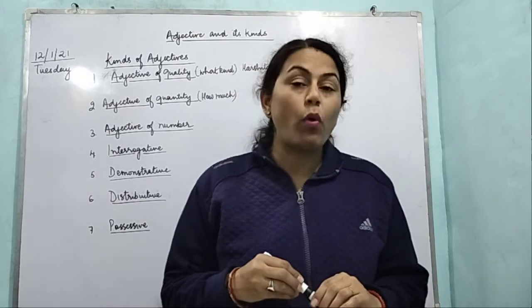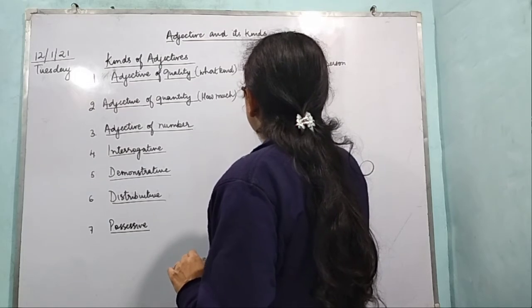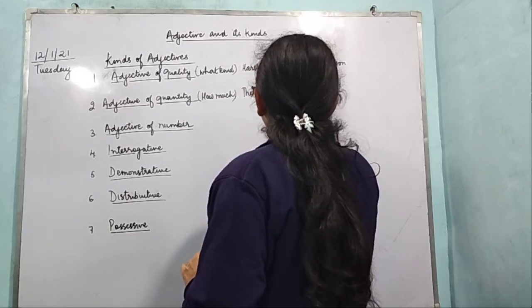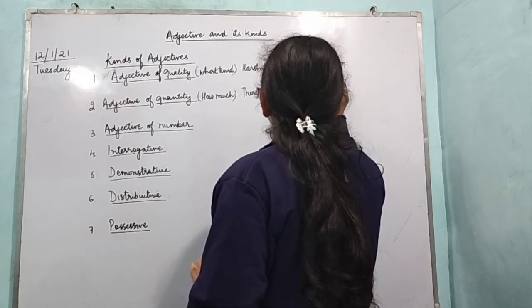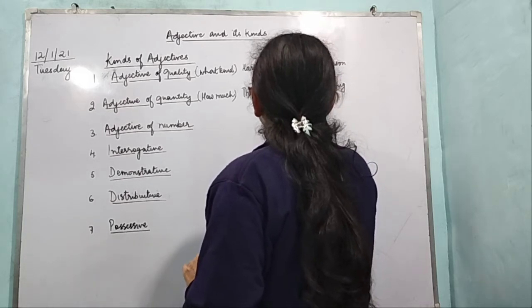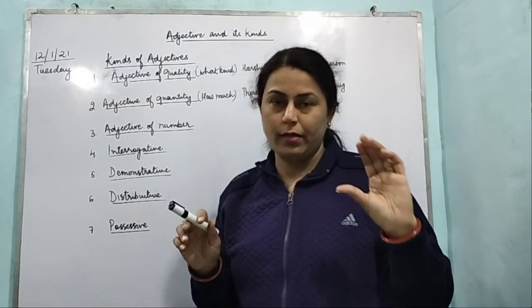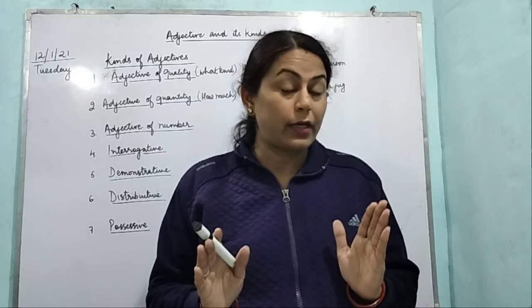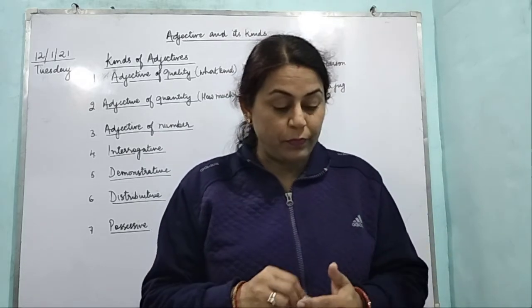There is a little water in the jug. कितना पानी है, ठीक है ना, little है, थोड़ा सा है. It is telling you it will not tell you the exact amount, it will just give you the approximate amount.